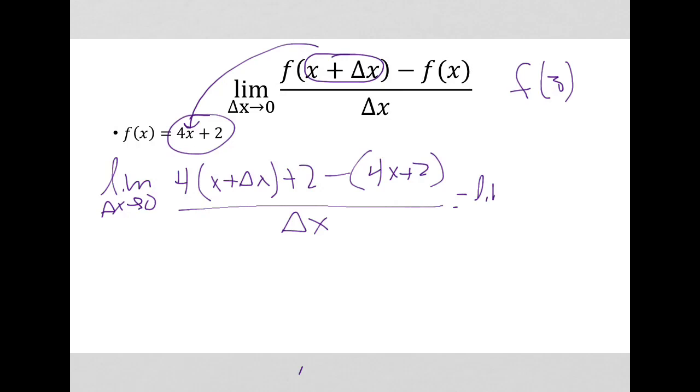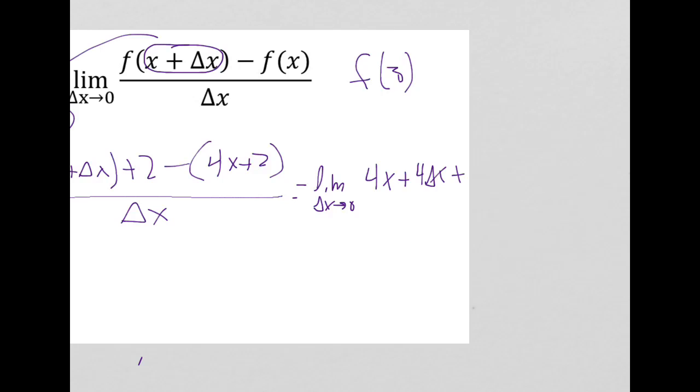So again, let's go through and simplify things and see what cancels out. So distribute in that 4, I get 4x plus 4 delta x plus 2 minus 4x, distribute that negative and get minus 2, all over delta x.